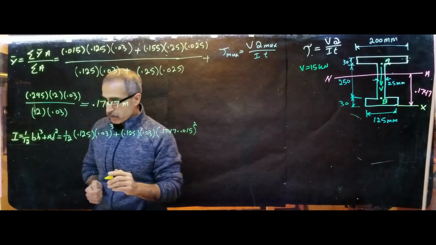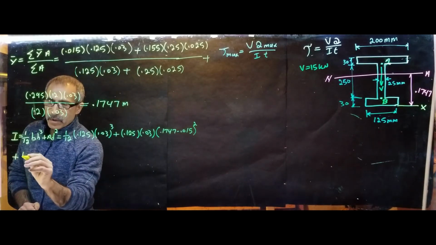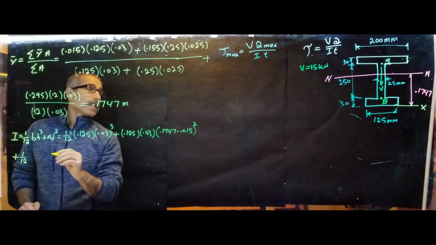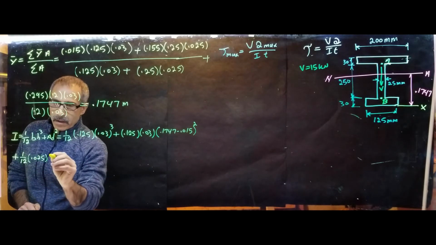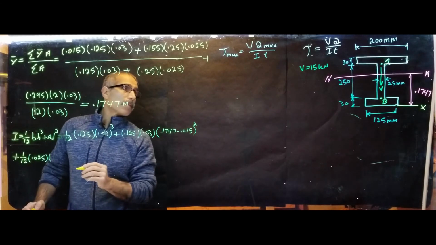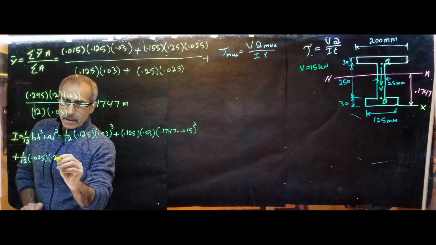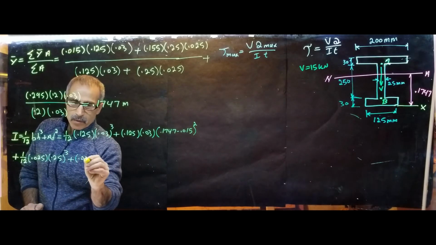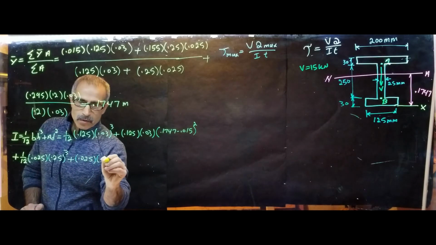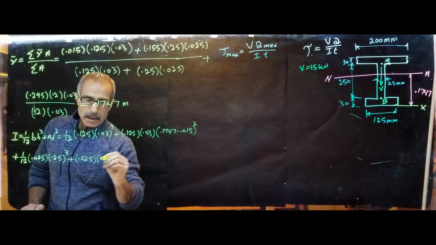Let's do the second shape. Plus 1/12. b is 0.025 times 0.25 cubed, plus the area 0.025 times 0.25 and d squared.